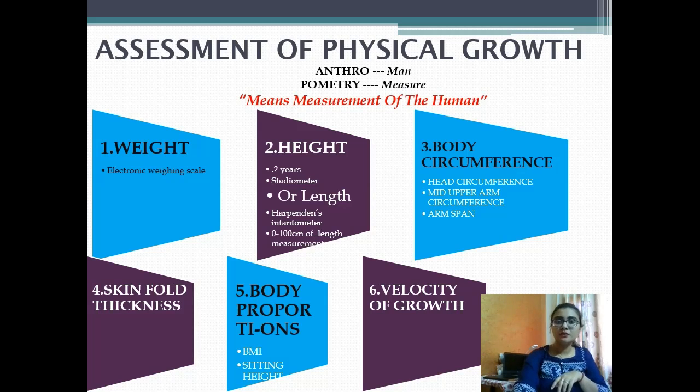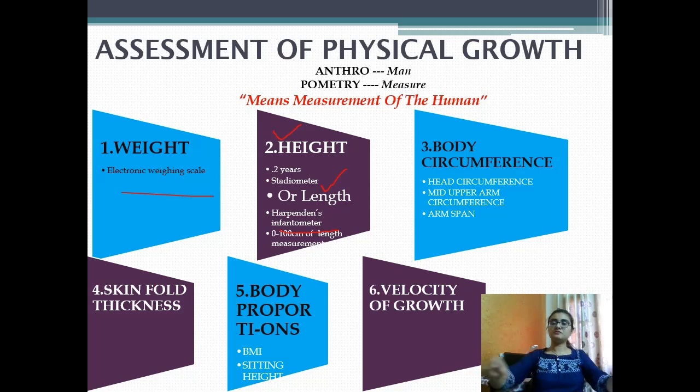In case of weight, we can measure the weight with a weighing machine. In case of height, for a child of 2 years or more, we can measure it with a stadiometer. But in case of smaller babies, we measure the length on an infantometer. We make the baby lie on the infantometer and measure it.